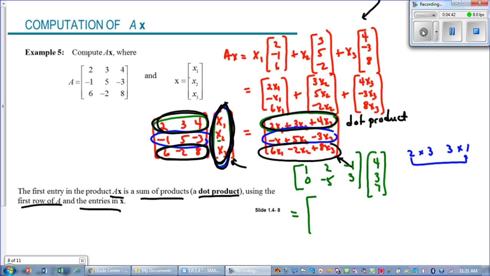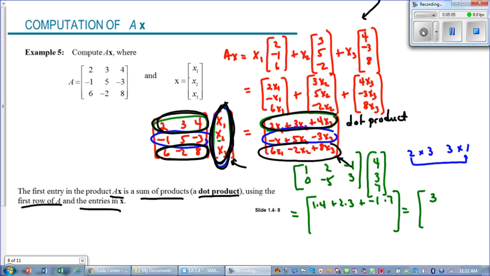The first entry, the first row, is the dot product of row 1 of A with the vector x. So it's 1 times 4 plus 2 times 3 plus negative 1 times 7. 4 plus 6 is 10, minus 7 is 3.